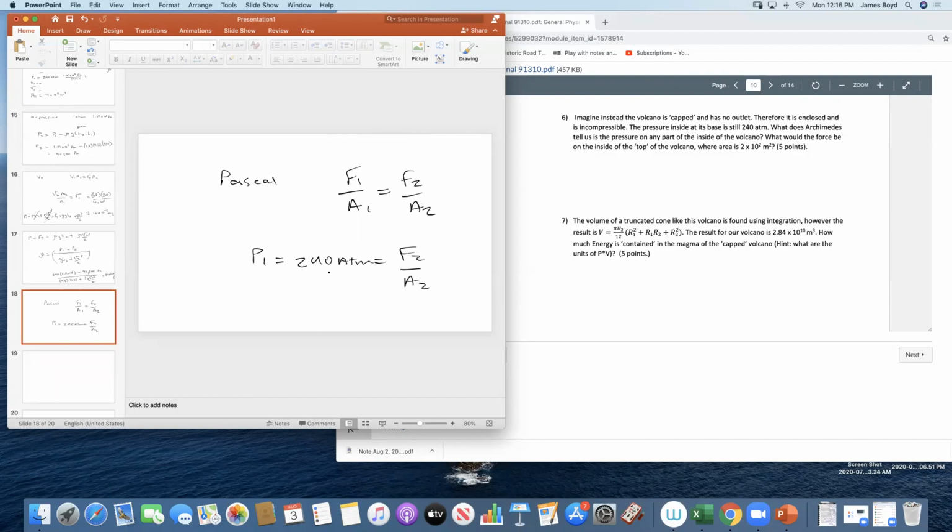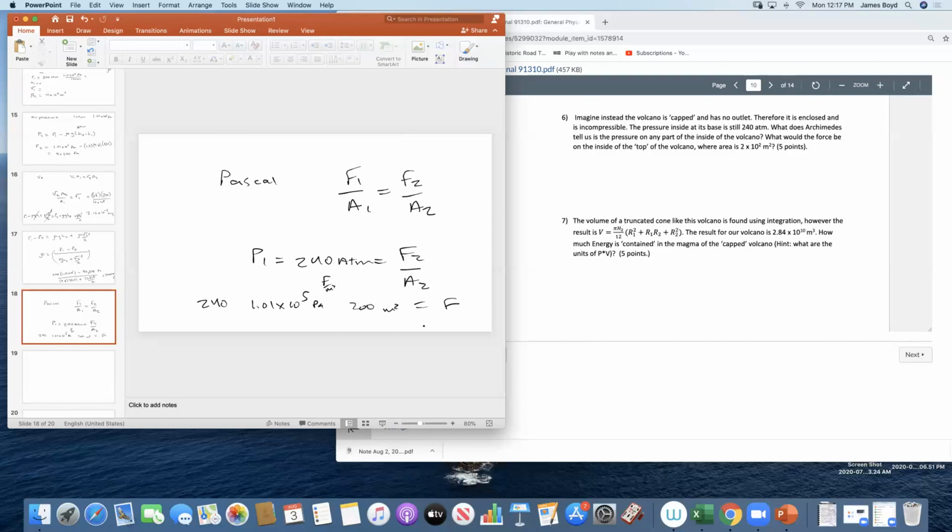If I multiply this 240 atmospheres in terms of pascals, 1.01 times 10 to the 5th pascals, and then multiply it by the area 2 that's given here, 200 meters squared, this is force over meter squared times meters squared, so this is force.